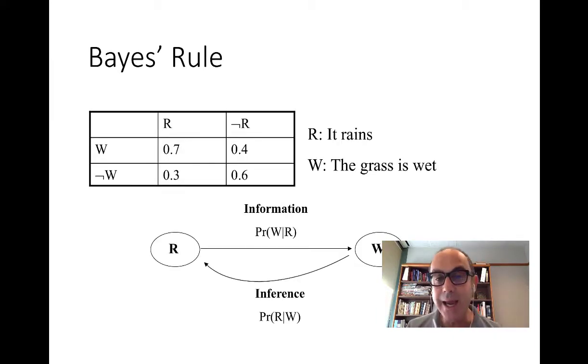So the idea here is that we have what we are calling inference, whether one affects the other, and this is what we are trying to calculate in order to see if there is an association.